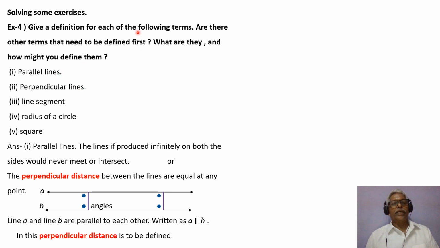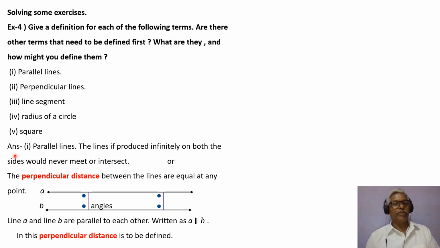The second part of this question asks: are there any other terms that need to be defined first? For defining these, do we have to define anything first? If that is the case, then what are they and how might you define them? We will try to answer the whole question.